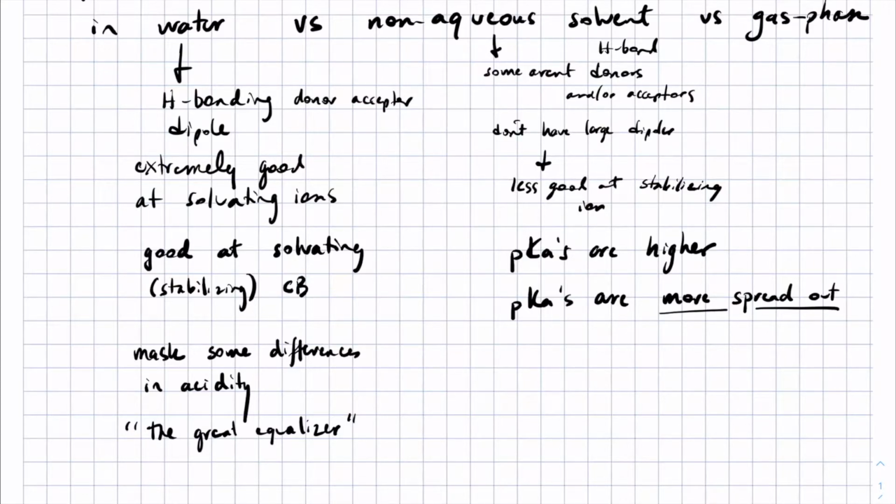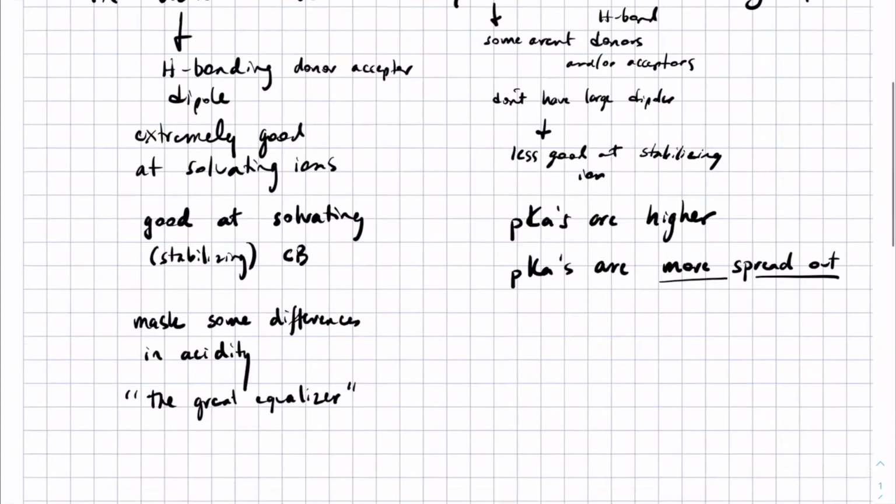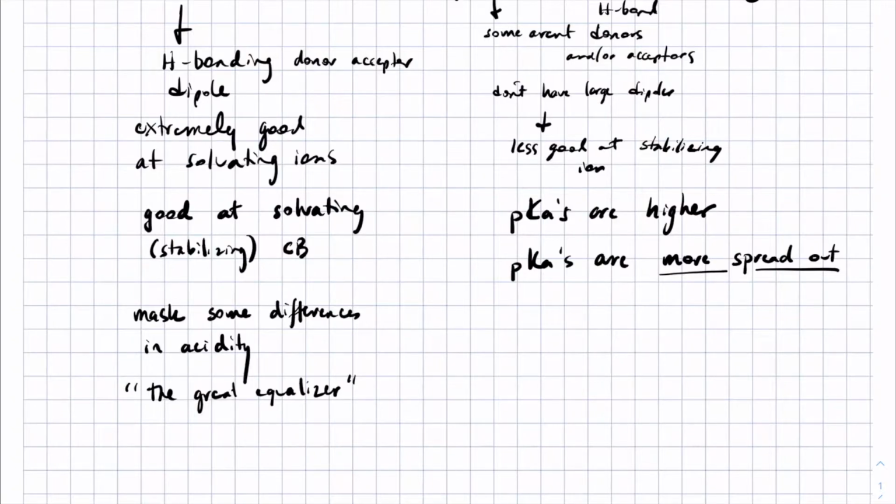There's one exception to that when we're talking about positively charged acids with neutral conjugate bases. We can still think about the conjugate base and we'll get to the right spot, but it's often useful to think about the charged species. And so we'll need to talk about that a little bit later, especially for ammonium type acids.